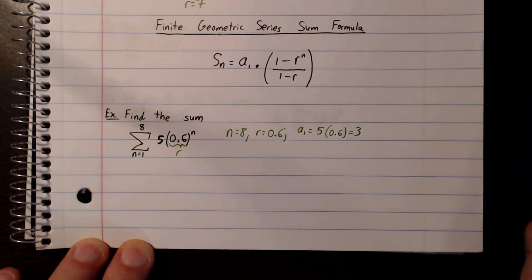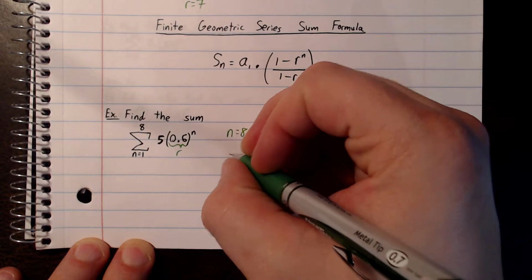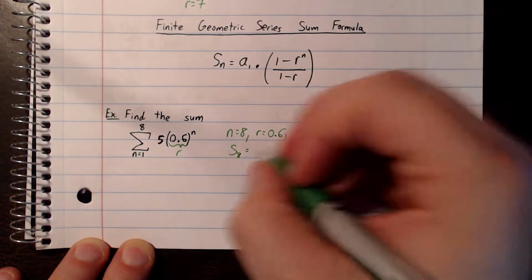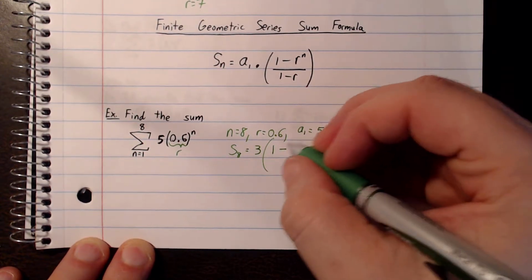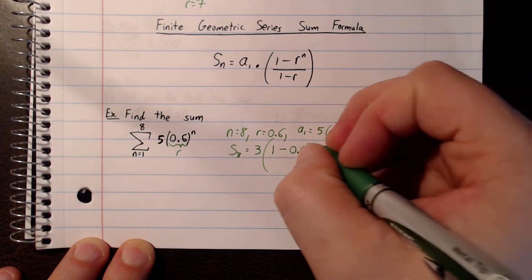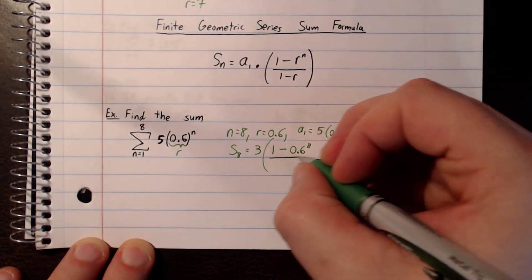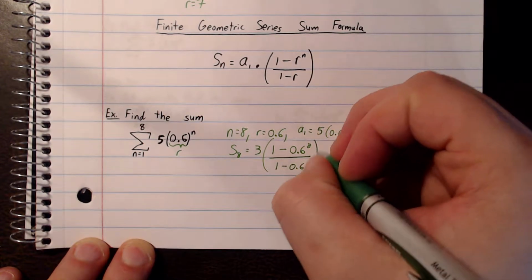Right? So we now have the few things that we need here. We're trying to find the 8th term. So we need the first term, which we found to be 3, times 1 minus r, 0.6, to the n, which is 8, divided by 1 minus 0.6.